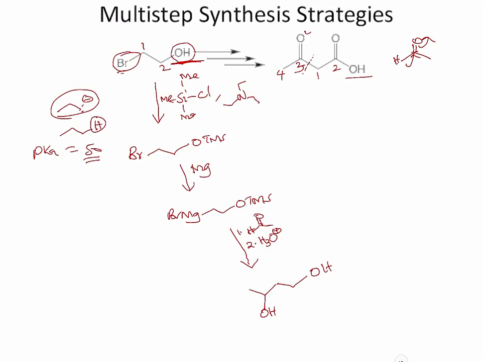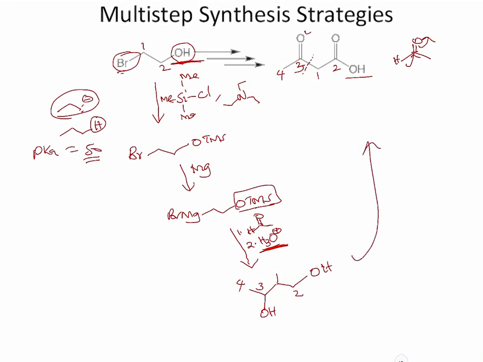So we have 1, this is 2, this is 1, this is 3, and that is 4. When we use acidic conditions, it also does the deprotection of the OTMS, and we end up with an alcohol. And after this, we just do oxidation.